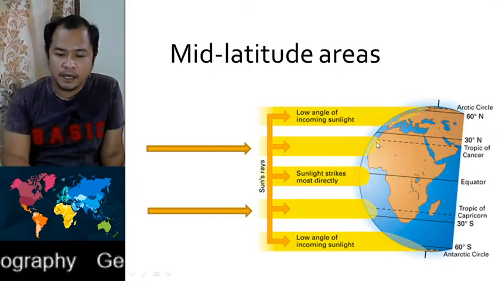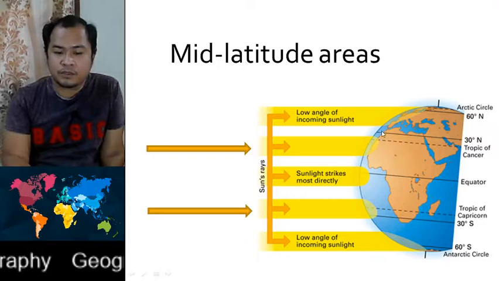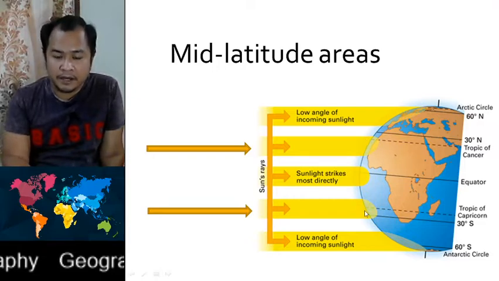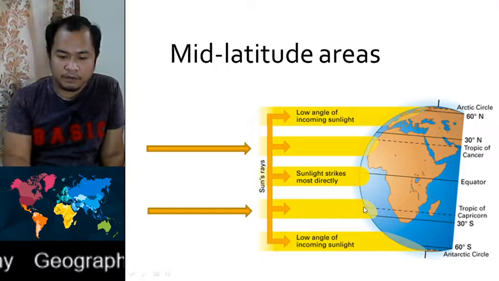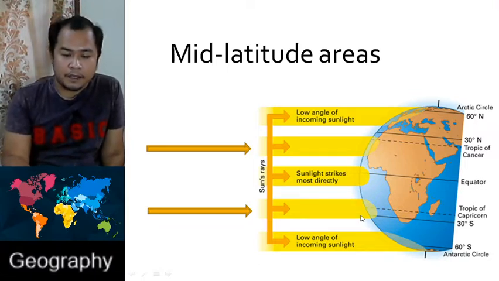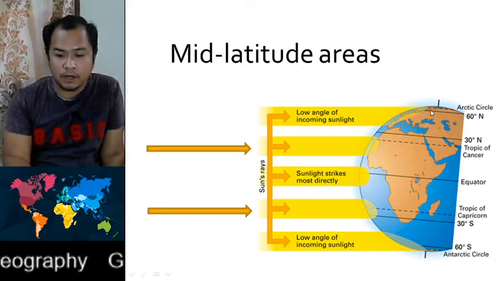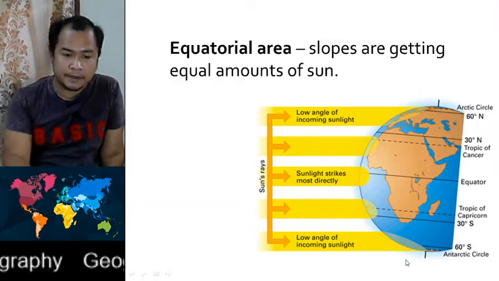In the northern part, most of the quarries will form and face towards the northern area. In the southern hemisphere, most of the quarries will be facing towards the southern area. Now what about here in the middle, at the equator, or the north and south poles? A different story applies there.